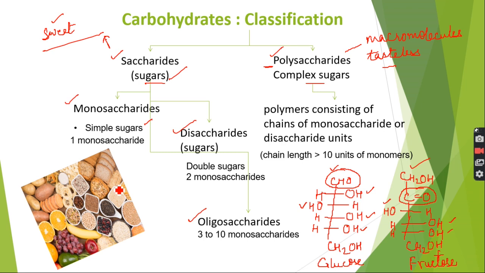It's like a basic unit of carbohydrate, like we have atoms as the basic unit. Likewise here, one saccharide unit, or monosaccharide, is the basic unit of carbohydrate. So they will not further hydrolyze or break down into any simpler carbohydrate. These are the simplest carbohydrates.